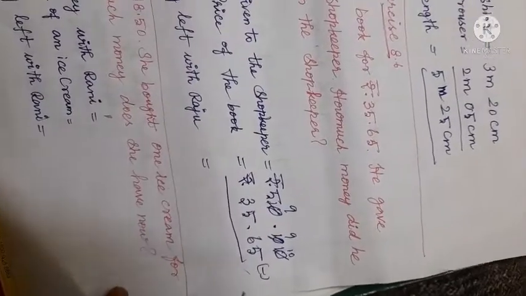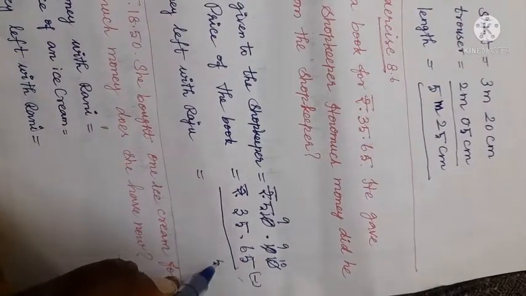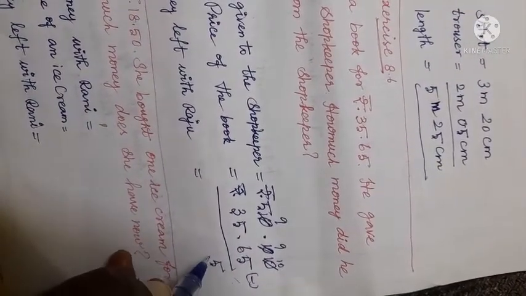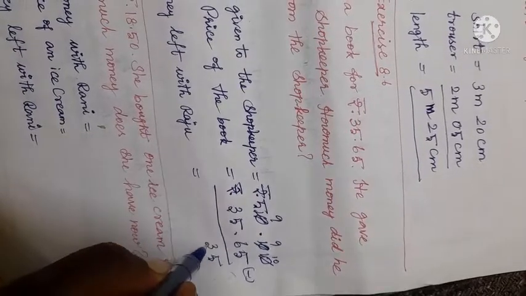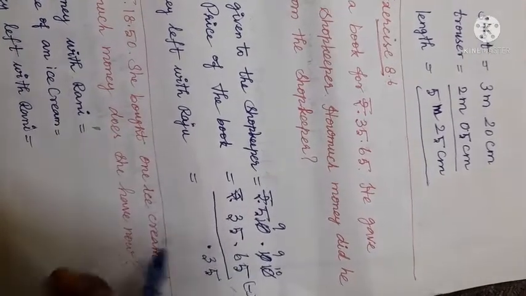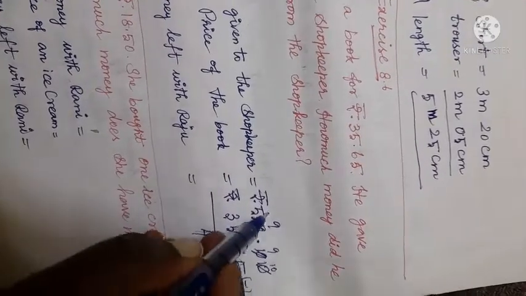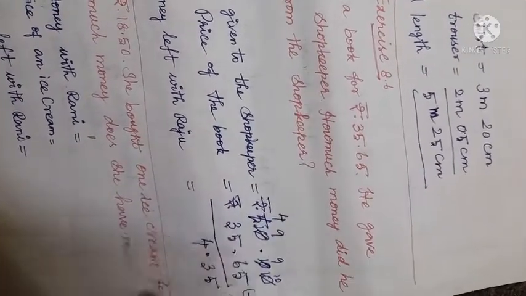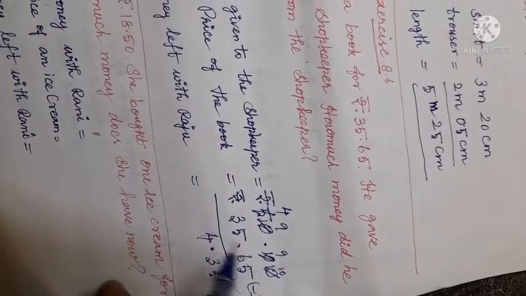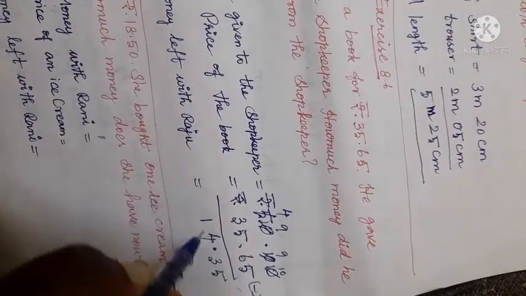So now 10 minus 5, 5. 9 minus 6, 3. 9 minus 5, 4. Now from 5, 1 you have given, so it becomes 4. So 4 minus 3, 1.